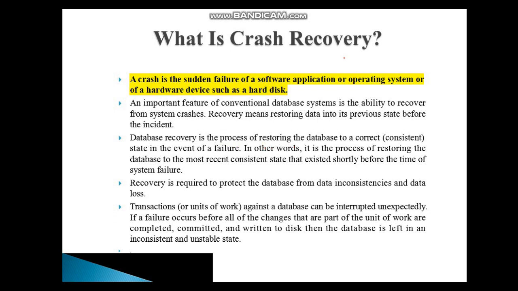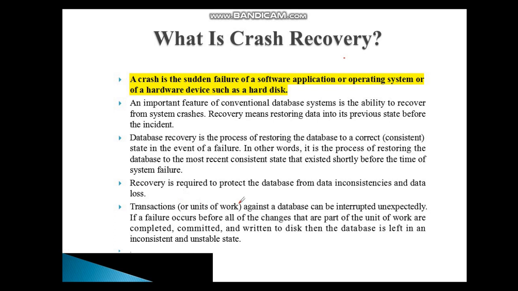In other words, it is the process of restoring the database to the most recent consistent state that exists shortly before the time of system failure. Recovery is required to protect the database from data inconsistencies and data loss.